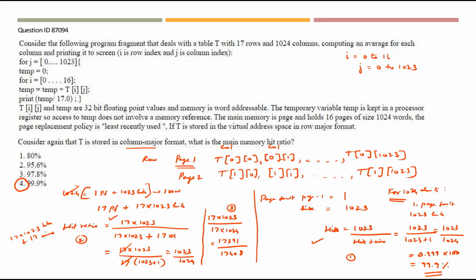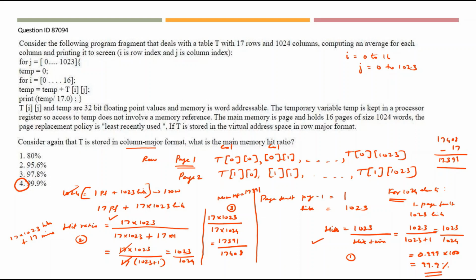So out of 17408, if you take 17 elements, because for the first page fault that element will be accessed, you will end up with 17391. So 17391 elements are accessed from the memory out of 17408 total elements.